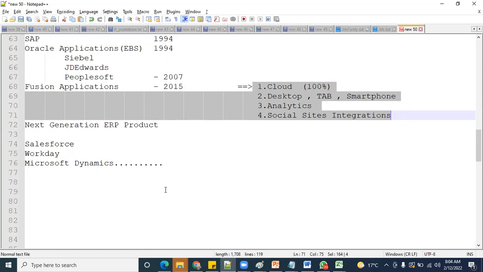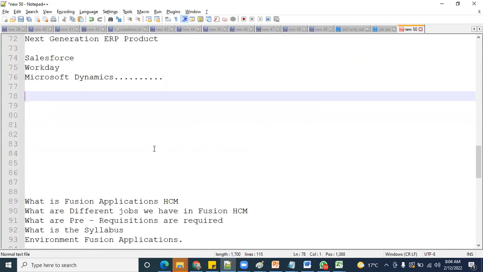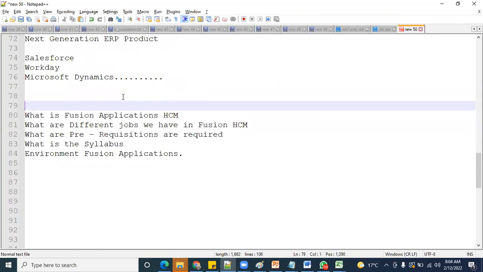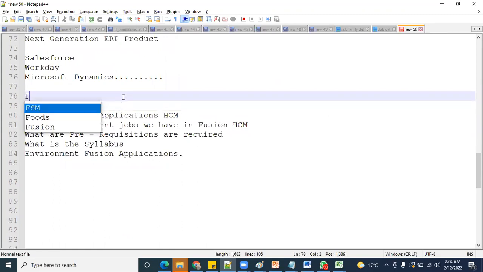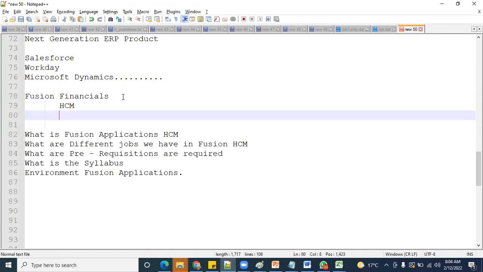When we talk about Fusion Applications, we said it is one of the ERP products. When I say ERP product, there will be Fusion Financials, Fusion Human Capital Management, and Supply Chain Management.